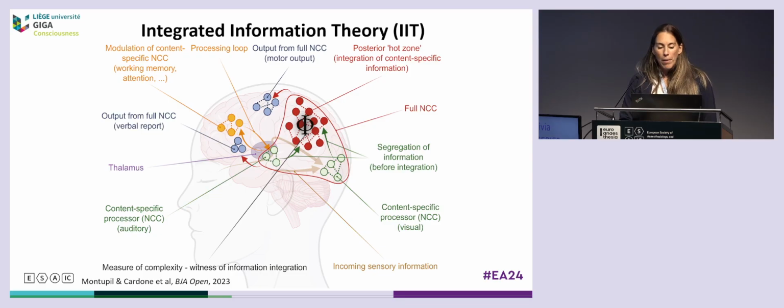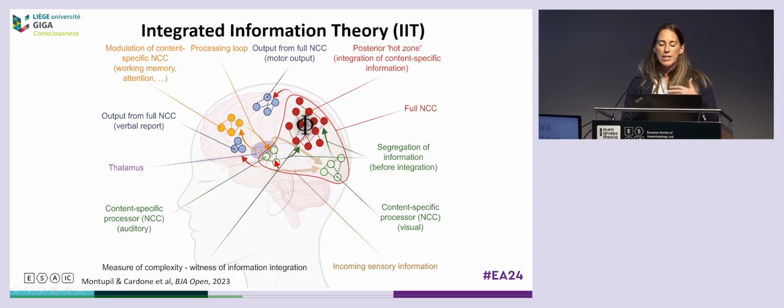So if we come back to our illustration, that's how it looks. You have incoming information that comes into the brain. It activates this content-specific processor here in green. Here, visual at the back of the brain. If it's auditory stimulation, it's more in the temporal area. And this is segregated, so it doesn't reach consciousness.